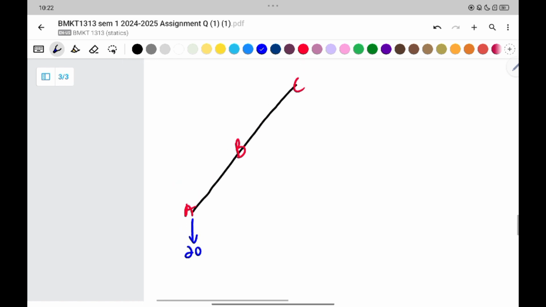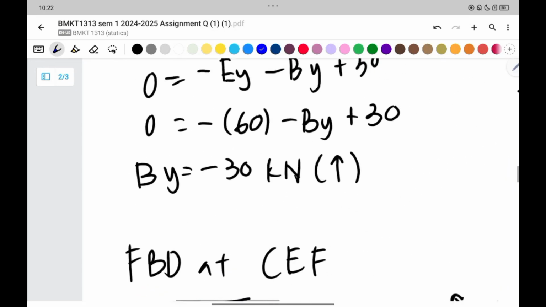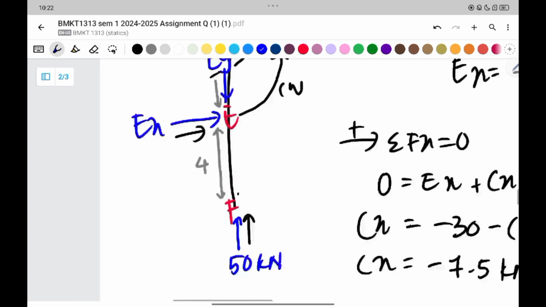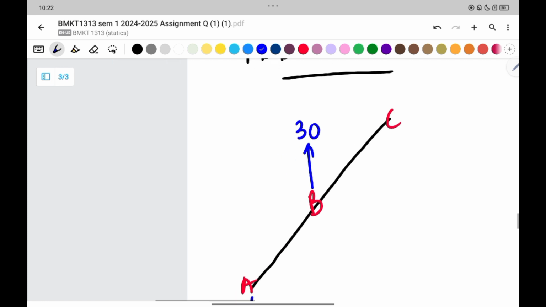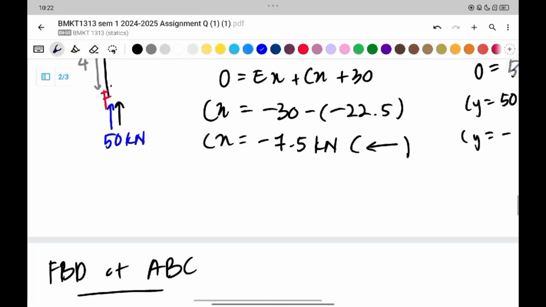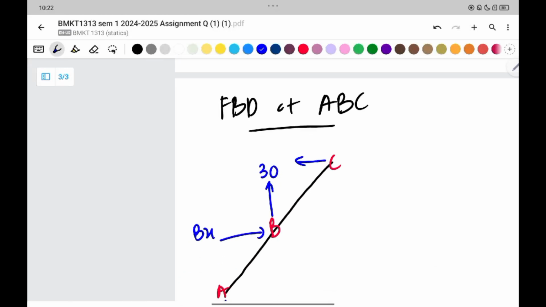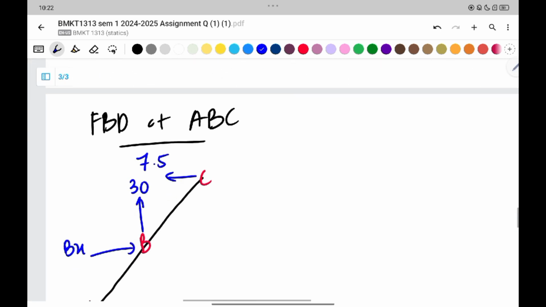And B, we already know one of it, BY, which is positive acting upward. Thus we don't know the value of BX. And C, acting to the left is positive 7.5, and acting upward is positive 10 kilonewton.